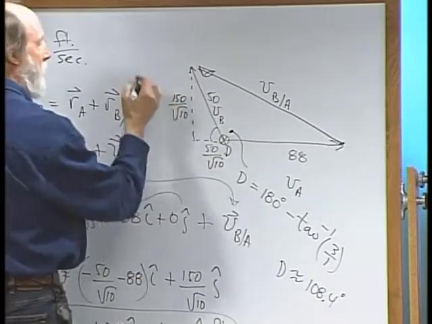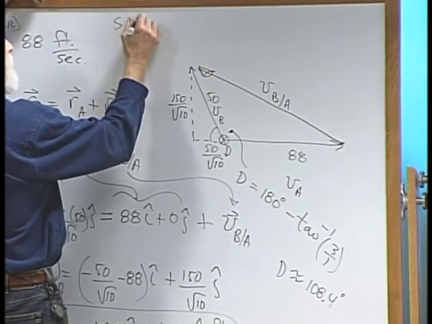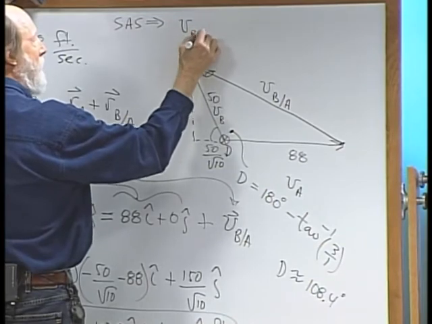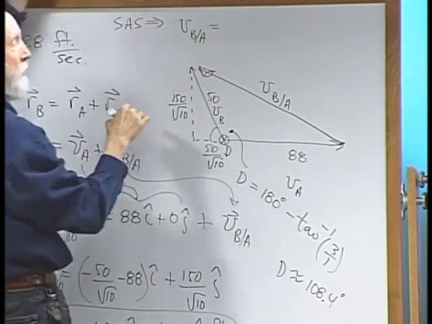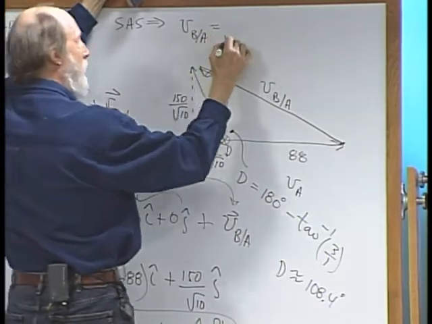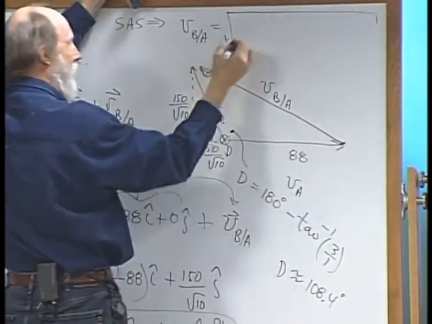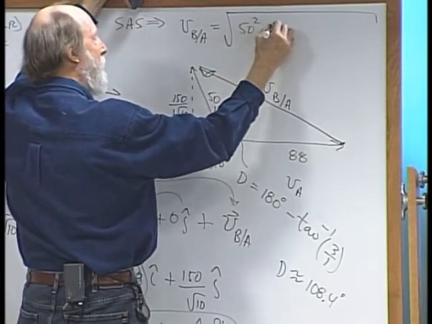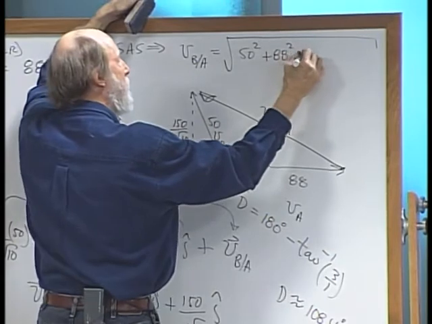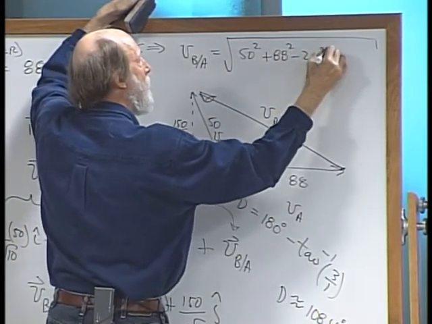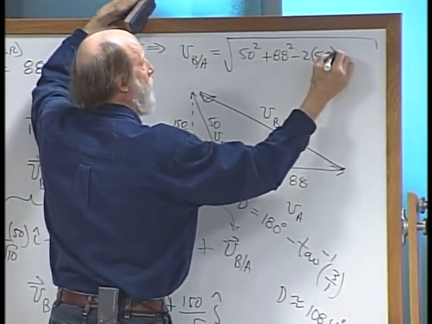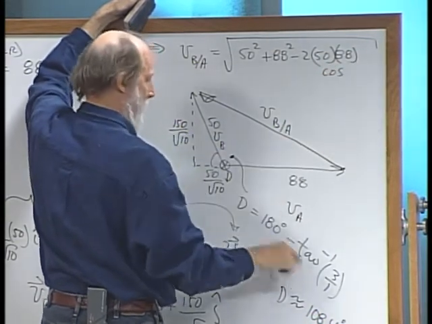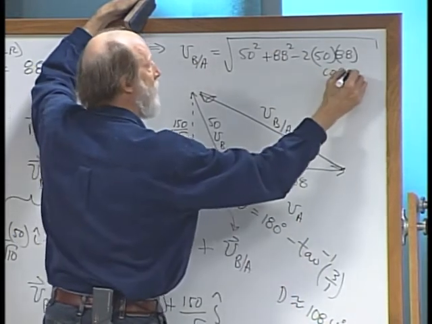Let me write that up above here. Side, angle, side implies the velocity of B relative to A squared. If I square root it now, I'm going to have the sum of the squares of these other oblique triangle legs, minus twice 50 times 88 times the cosine of that interior angle, 108.4 degrees.